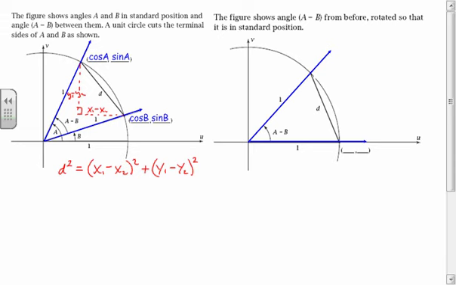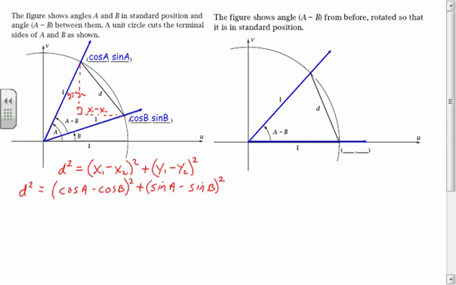So to find d squared, in this particular case, I'm just going to use that distance formula. D squared is equal to x1 minus x2. Well, that's cosine A minus cosine B, and I square that, plus sine A minus sine B, and I square that.